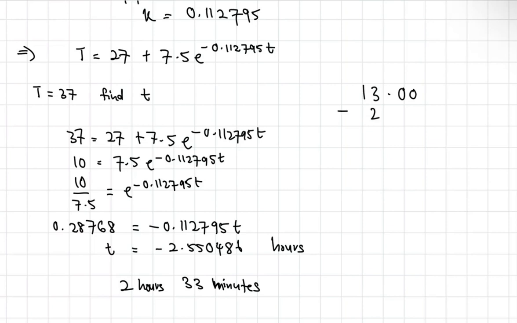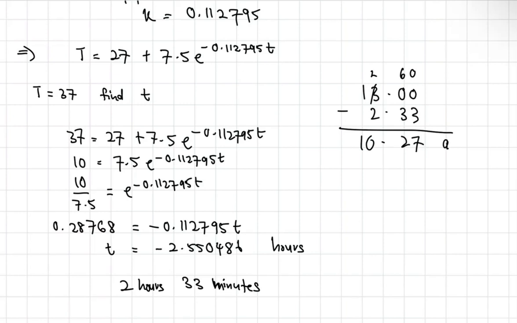So you minus 2 hours 33 minutes. Here will be 2. Here will be 60 minutes. 60 minus 33, 27. This one will be at morning. This one is evening.